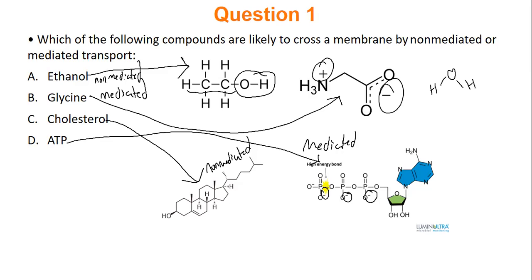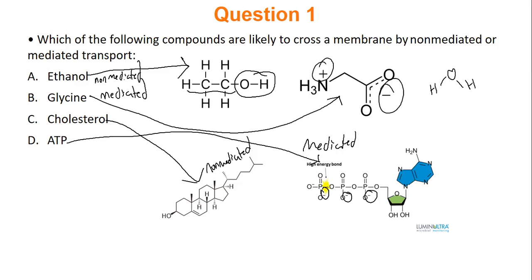But it gets a little bit tricky in that just because you have a polar group, you could have a large nonpolar group to go with it. So usually polar things don't want to go through the membrane either, but there are exceptions to that.